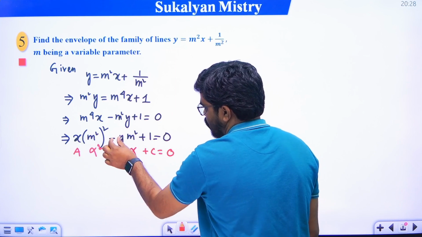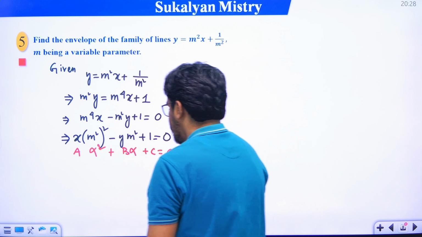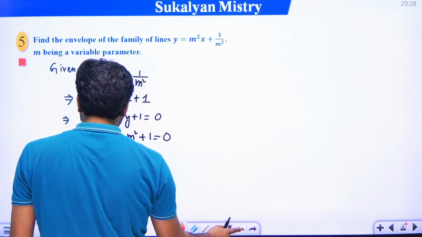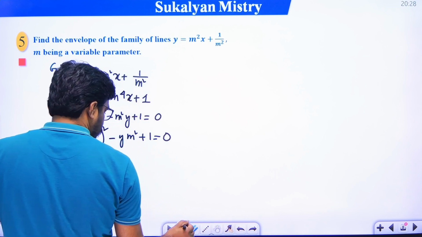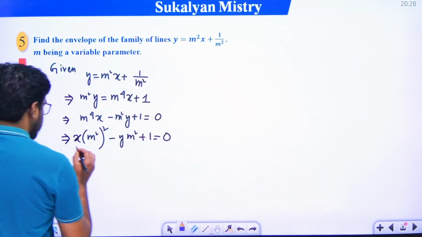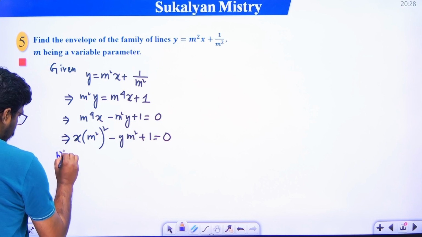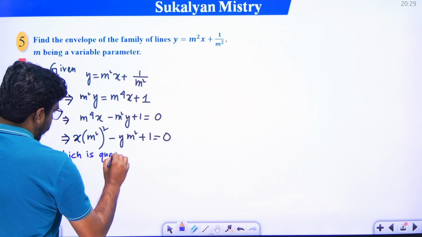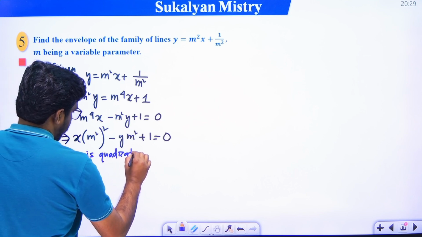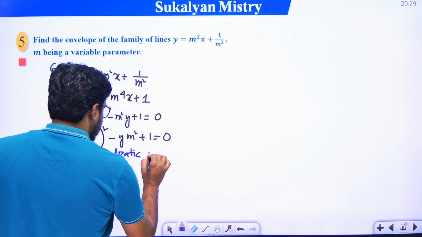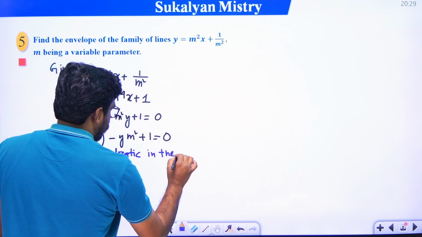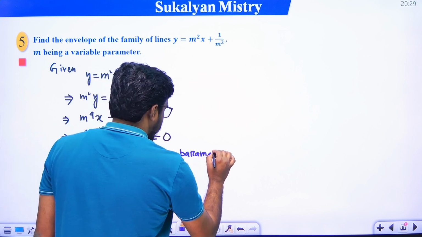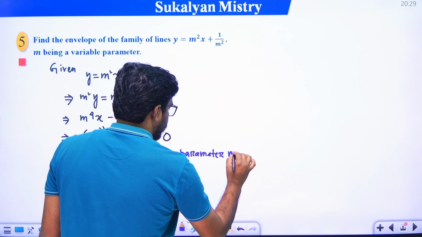So a alpha square plus b alpha plus c is equal to 0, right? Which is quadratic in the parameter m square.